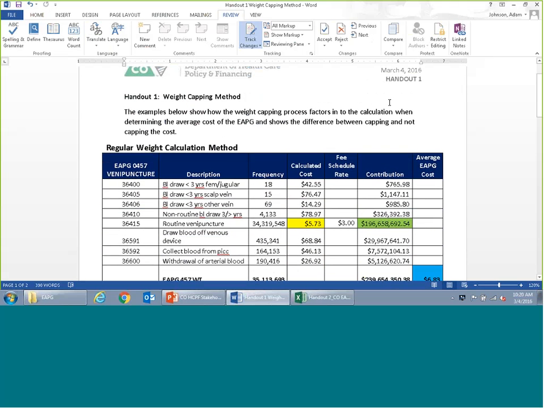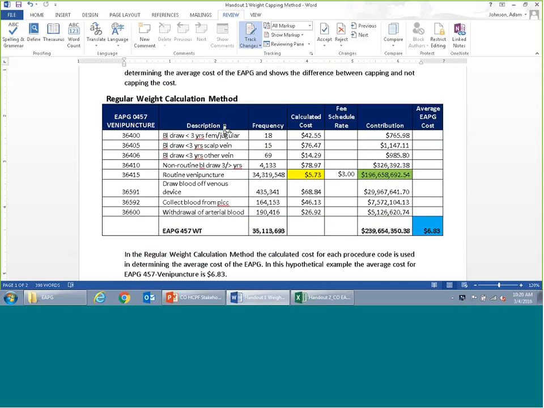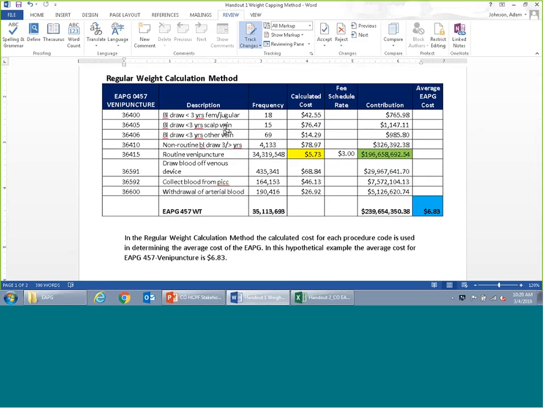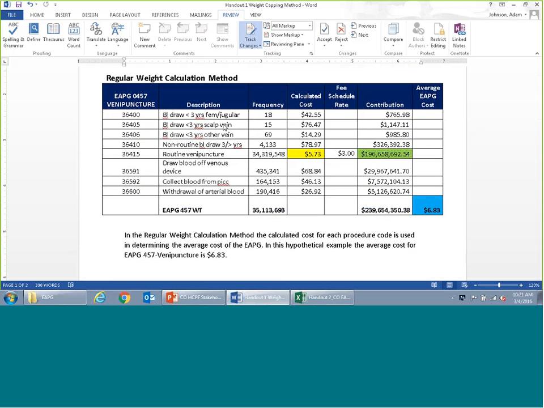So I'm just going to walk through an example of how that plays out. This is one hypothetical in the sense of the frequency and calculated cost numbers, but the EAPG does exist. And we've got all these different procedure codes that are all grouping to that EAPG.